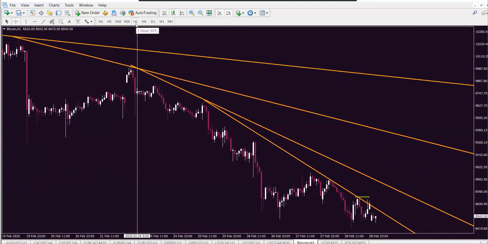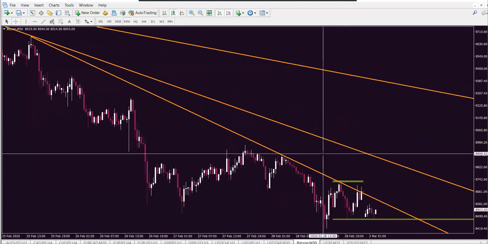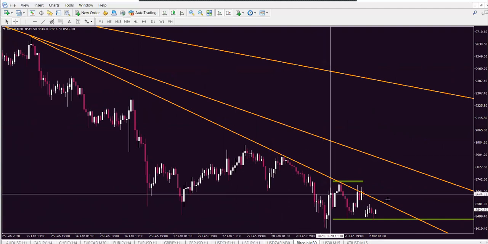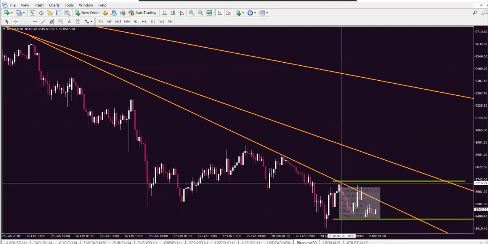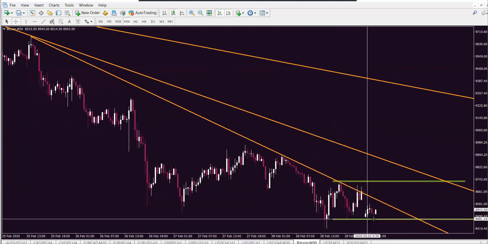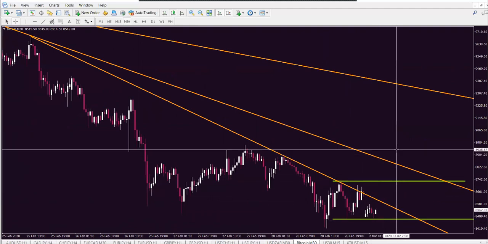Yeah, and on the H1, the price is kind of consolidating. So for me, I still believe in this one. If I get a strong break of this, without price breaking below this point right there, I would definitely buy.